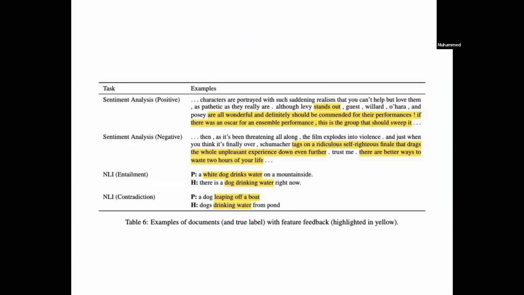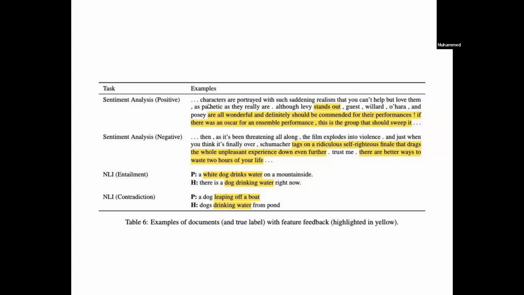So here is an example of sentiment analysis, and the words in yellow are the ones highlighted by the attention mechanism.